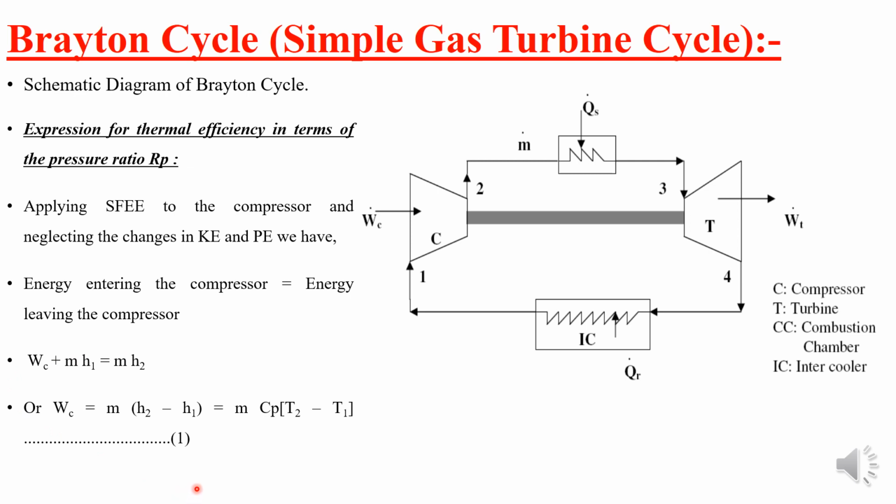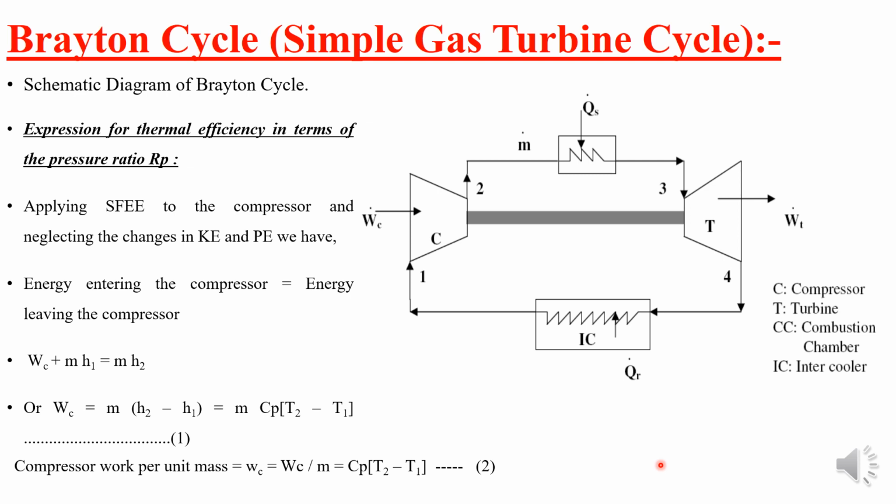If you want to consider unit mass, M will be eliminated, so just divide by M. For unit mass, the compressor work input is nothing but Cp times T2 minus T1. So note down the first one as equation 1 for mass M, and the unit mass one as equation 2. So this is the expression you can write for a compressor.